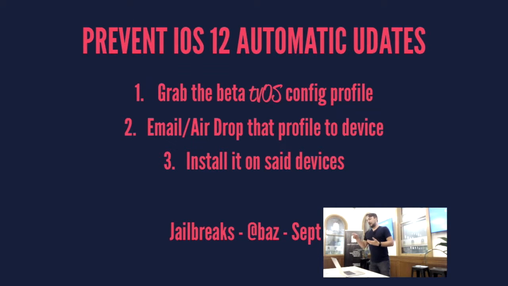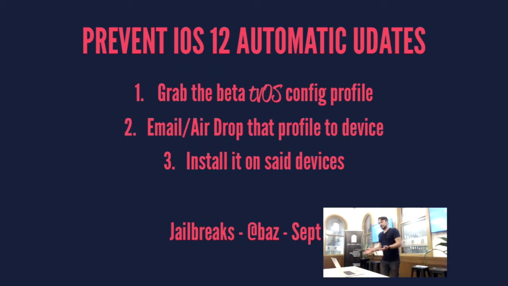As iOS 12 came out, Baz jumped in the morning. It's like, hold on, if you don't want your phone to automatically update to iOS 12, install the tvOS config file, and it will look for tvOS updates that aren't compatible. And you'll never get the auto updates.